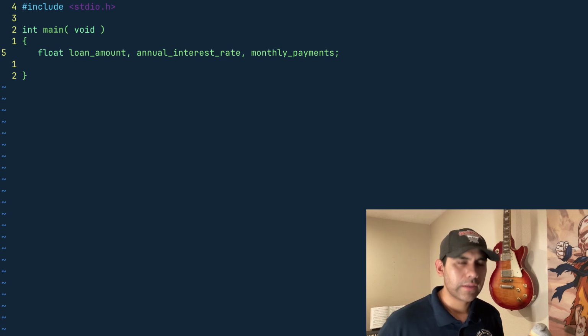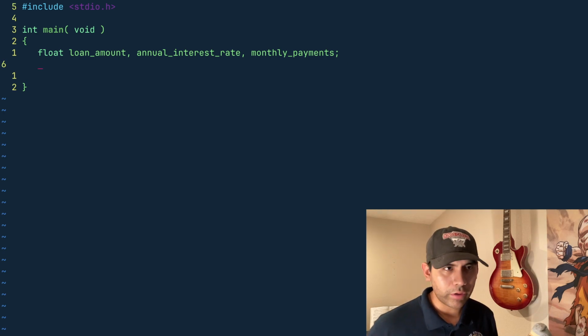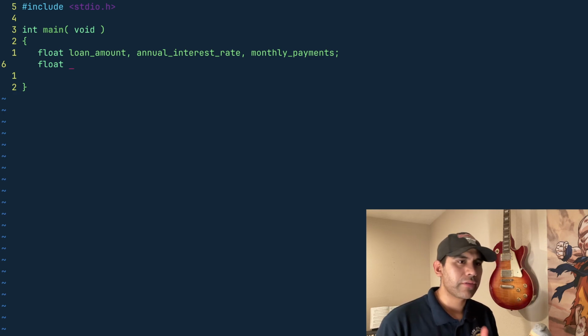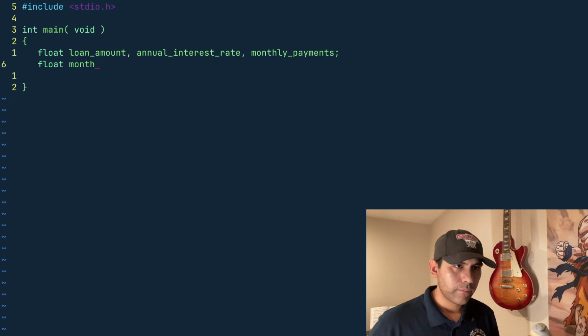Interest rate. Monthly payments. Okay, now we need to keep up with the balance, what our balance is going to be. So float the monthly interest rate and balance.